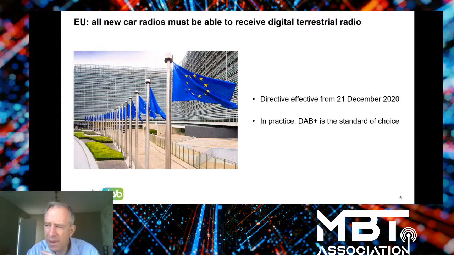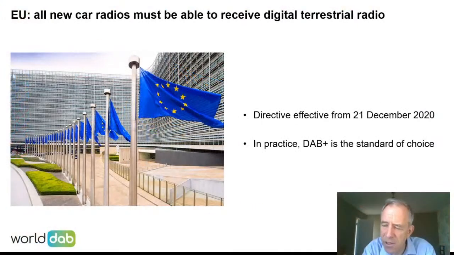One of the key enablers of this has been the European Union. They've seen these developments, which started in the northern and western part of Europe and then have been expanding, and they wanted to help support that process. So they passed a directive in 2018, which became effective on the 21st of December 2020, December of last year.